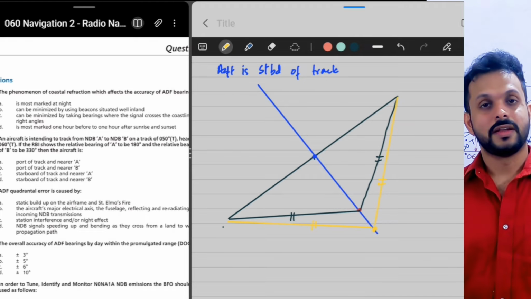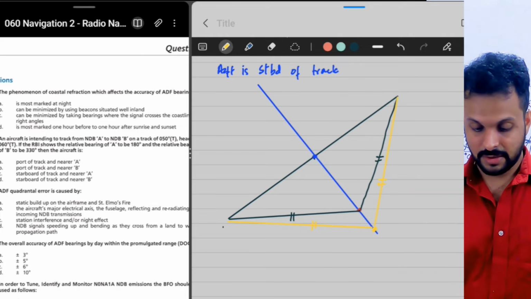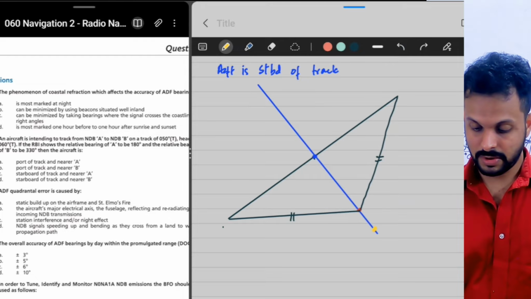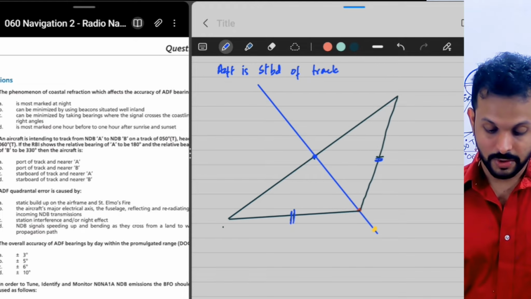Now this understanding will also help you understand that, let me just get rid of the yellow line here to make it simpler, since these two sides are equal, their opposite angles also should be equal.